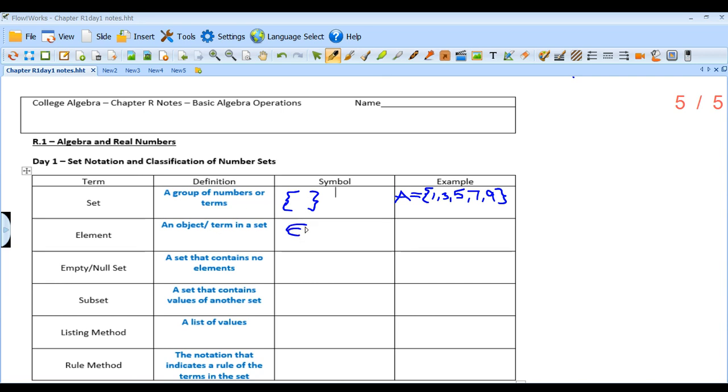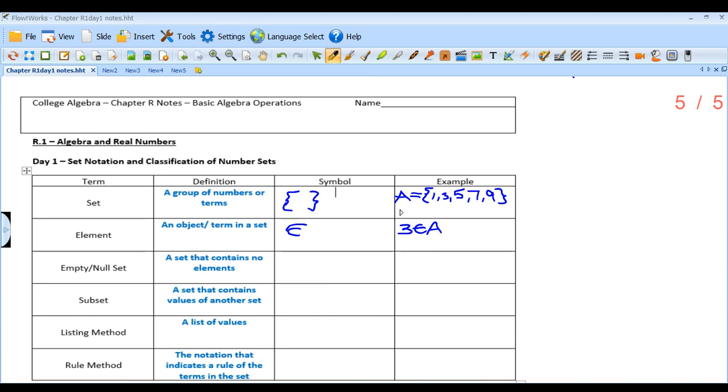So we're going to use this weird looking E for the symbol of an element. For example, I have all of these numbers in set A. I could actually say that the number 3 is an element of set A.